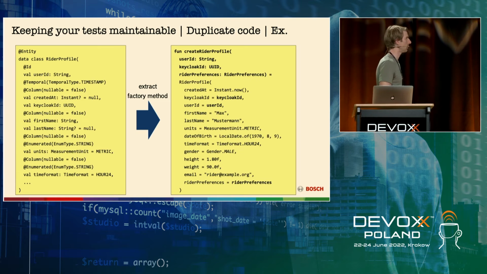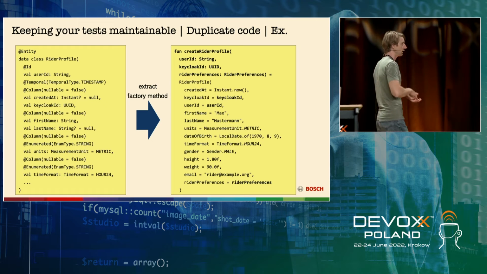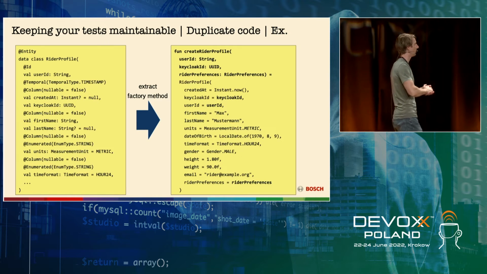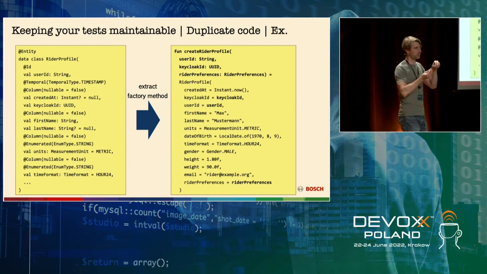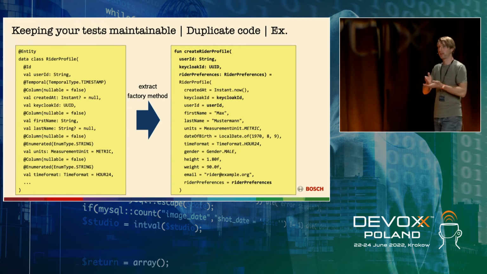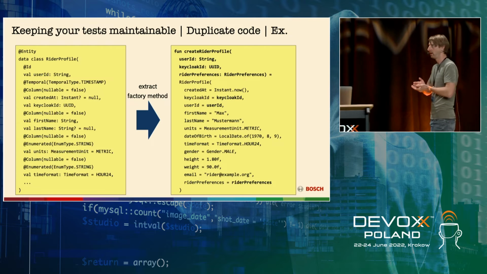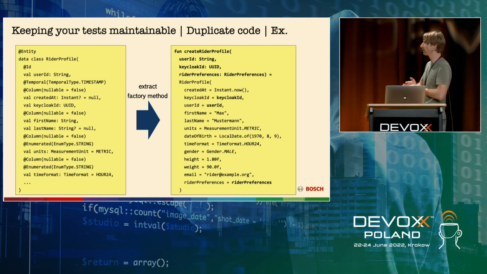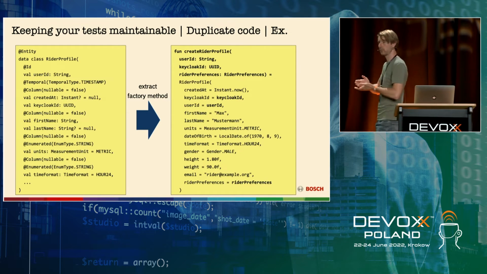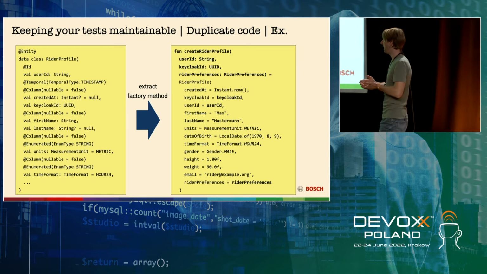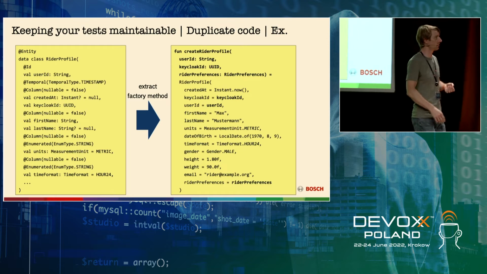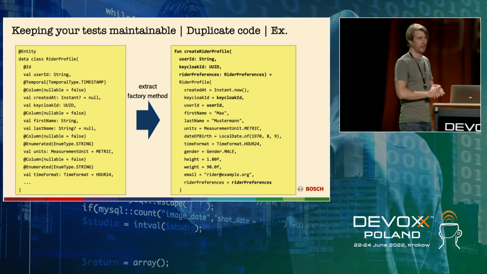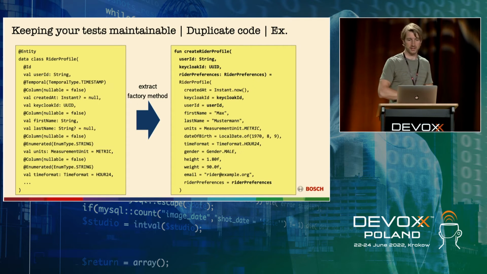So what can we do about it? We extract a factory method, and as parameters for the factory method, we just pass the parameters we really care about. In that case, you can see it's mainly the IDs we care about in our tests. And the rest we just fill in with some random values that are not really important for our test.